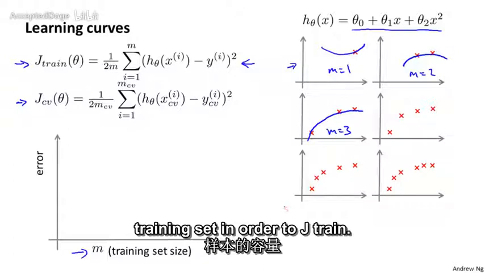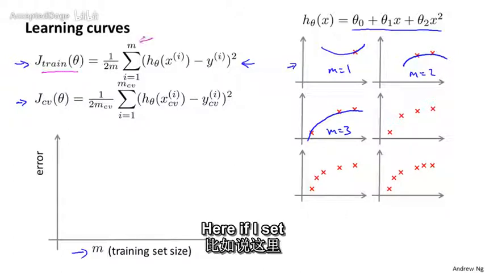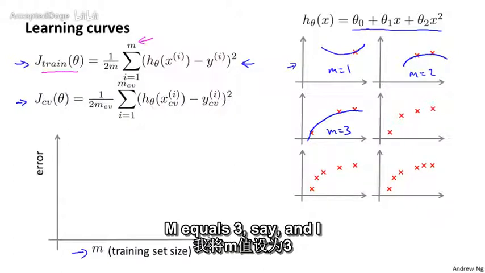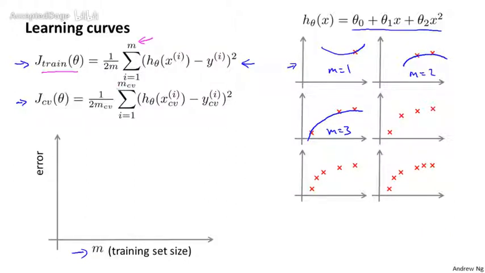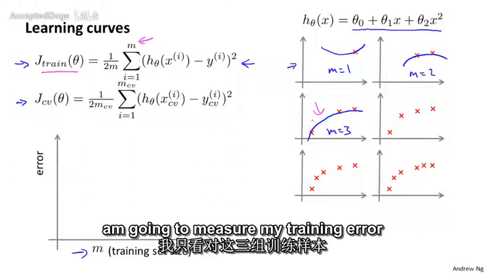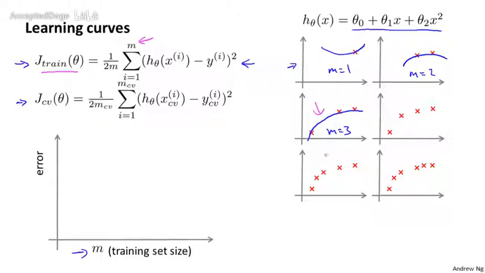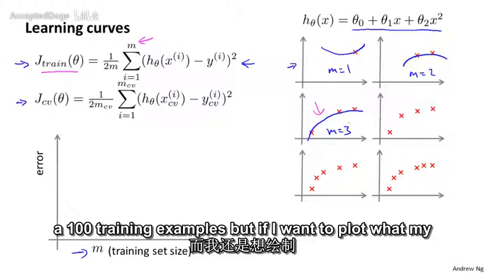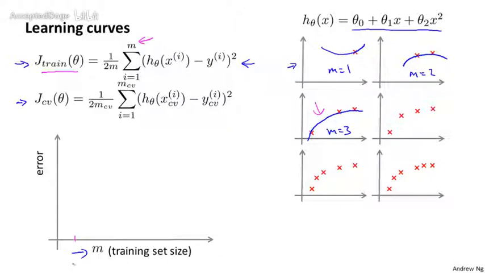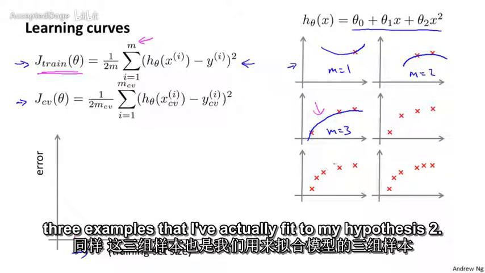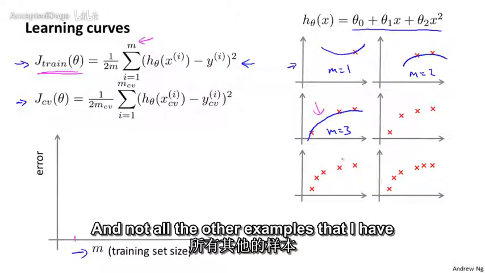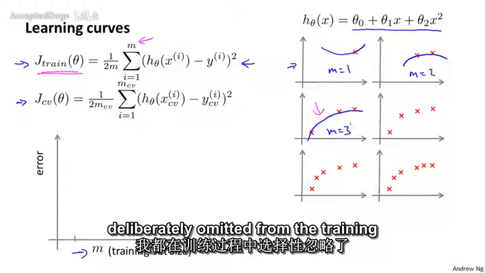And by the way, if I have a large training set and I'm artificially restricting the size of my training set in order to plot J_train here, if I set m equals 3, say, and I train on only 3 examples, then for this figure, I'm going to measure my training error only on the 3 examples that I actually fit my data to. And so even if I have, say, 100 training examples, but if I want to plot what my training error is for m equals 3, what I'm going to do is measure my training error only on the 3 examples that I've actually fit my hypothesis to, and not on all the other examples that I had deliberately omitted from the training process.